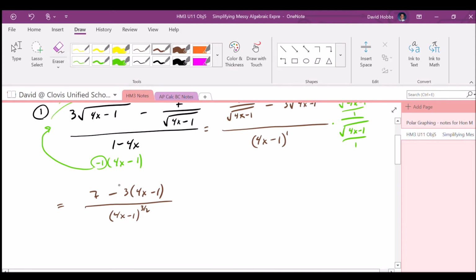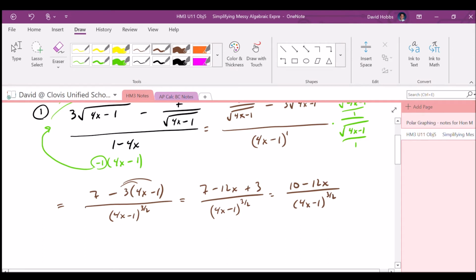Well, we can at least distribute and combine like terms. So we have 10 minus 12x over 4x minus 1 quantity to 3/2.